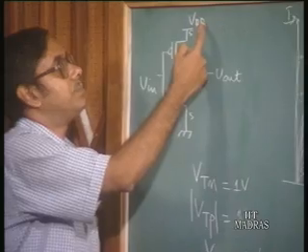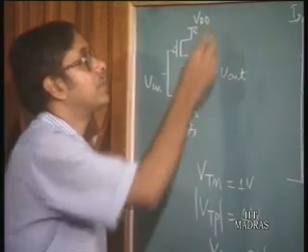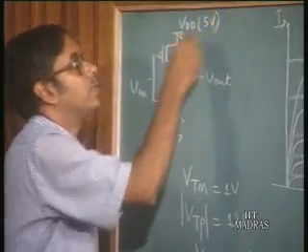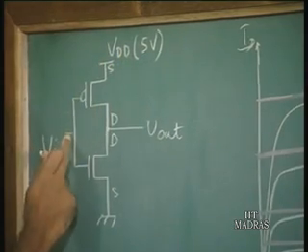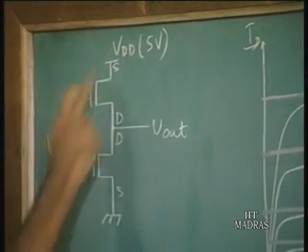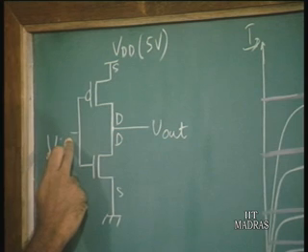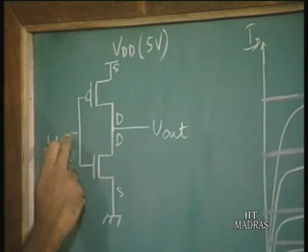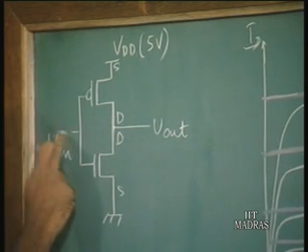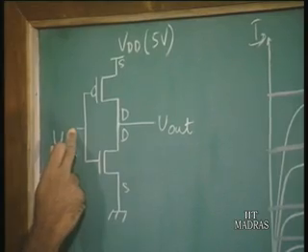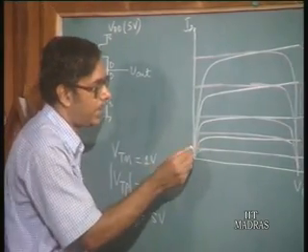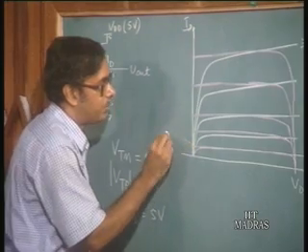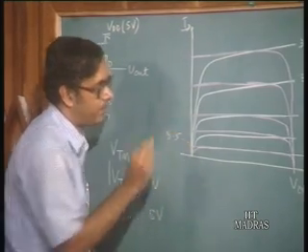Now, the source voltage of this PMOS transistor is at 5 volts. If the gate to source voltage has to be minus 1.5 volts, then the input voltage must be equal to 3.5 volts. So, this characteristic here is for an input of 3.5 volts.